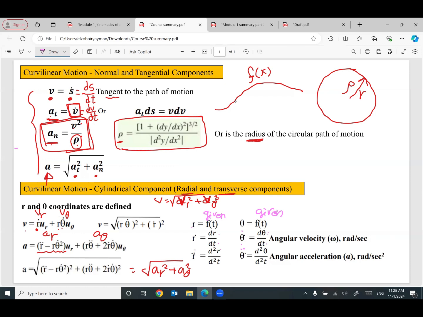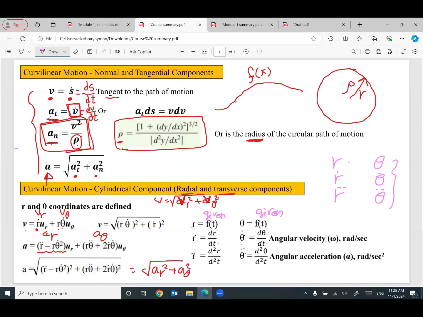So if we are talking about the radial and the transverse component, we need to have r, theta, r dot, r double dot, theta dot, theta double dot.